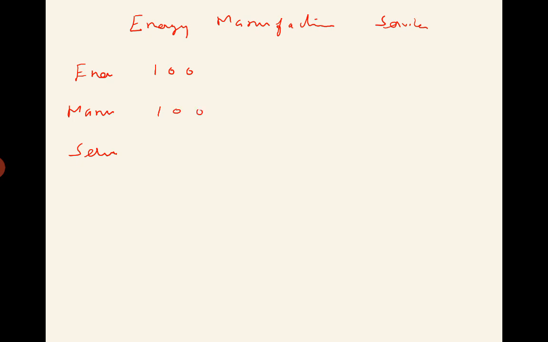We are going to see a table in this model, with energy, manufacturing, and services along the rows and again along the columns. If you get a table like this, what does it mean? Here we have 300, and from others 500, 400, 80, 160, 160.